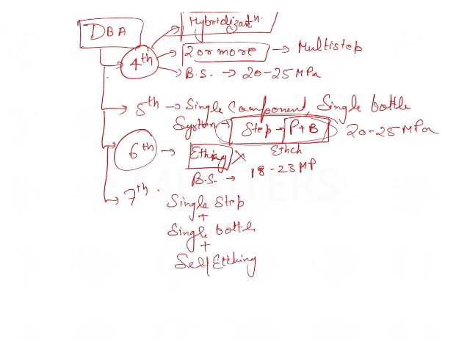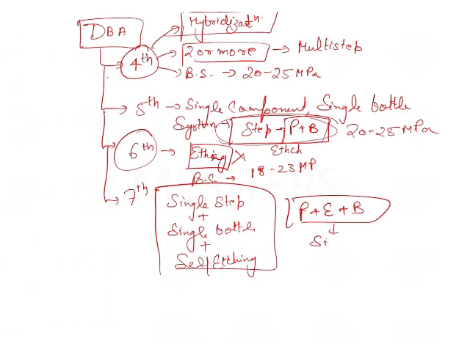Although there is a variant, a further simplification of the process, we'll deal with that later, but we'll read the basic concept here. There's no need for a separate step for etching. It combines etchant, primer and bonding agent in one. So primer, etchant and bonding all will be in a single bottle. That's why it is known as the single bottle system, right?